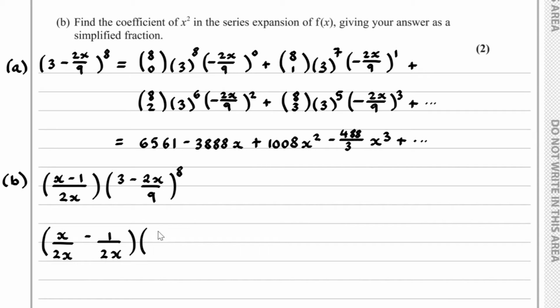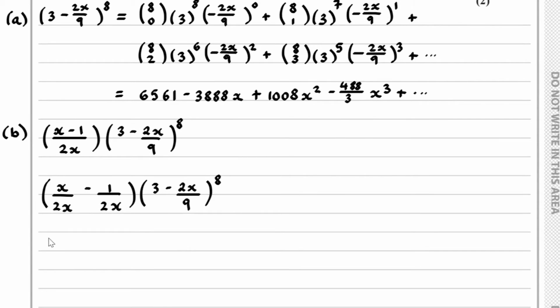And this is being multiplied by 3 minus 2x over 9 to the power of 8. Now, x over 2x, that's the same as 1/2. And then I'm subtracting from this 1 over 2x.